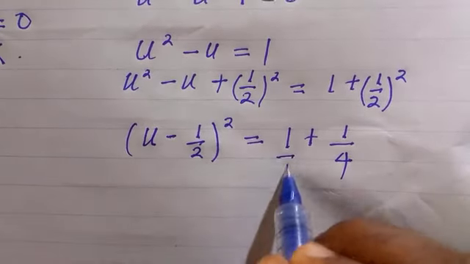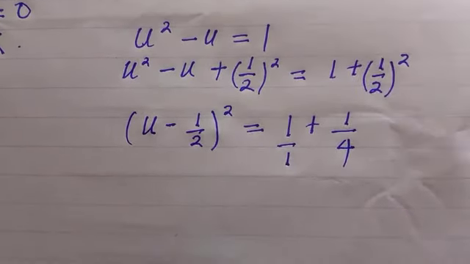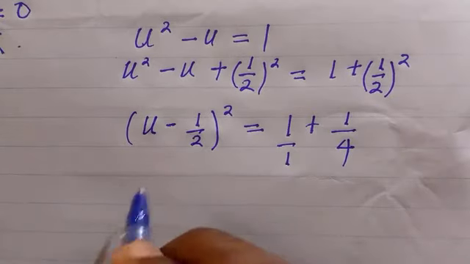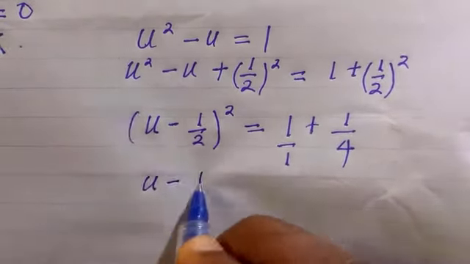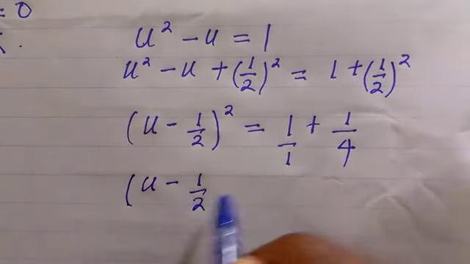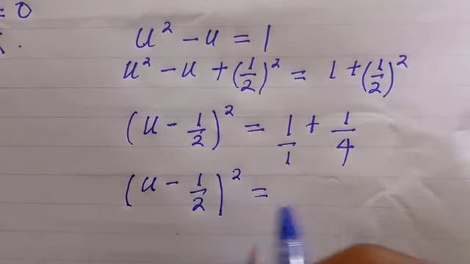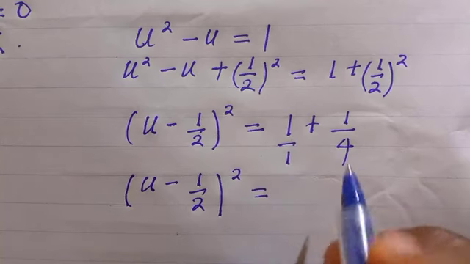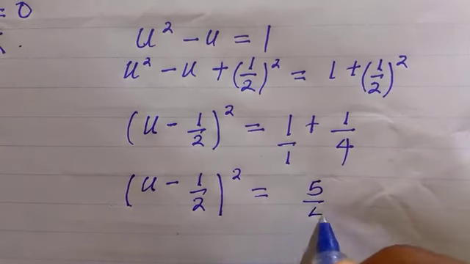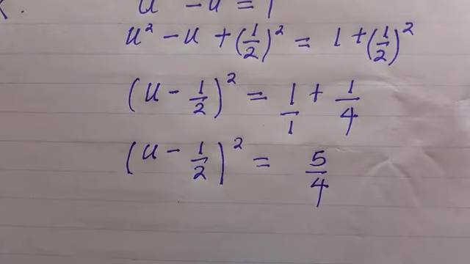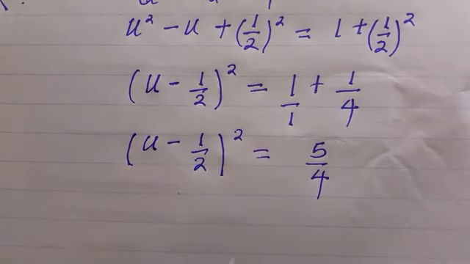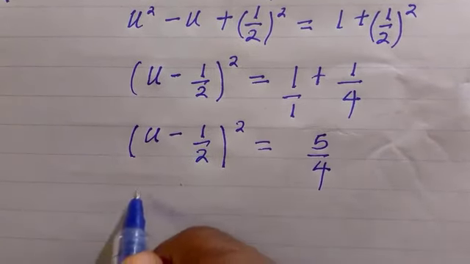So u minus 1 over 2 square equals, by taking the LCM of this, we multiply 4 with 1 and add it with 1. That is 5 over 4. The next thing is we take the square root of both sides.